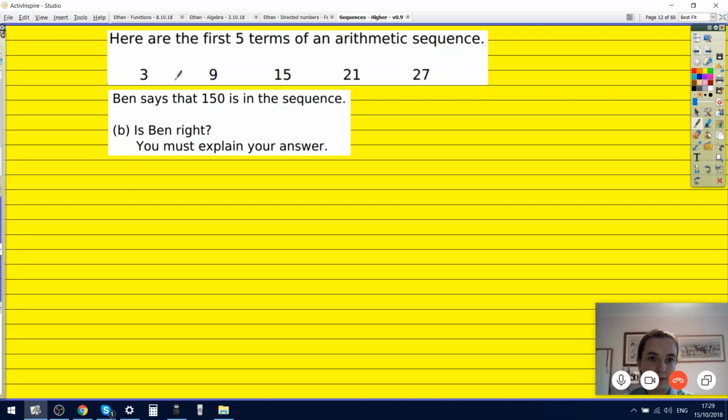6 is a multiple of 3, but 6 isn't in the sequence. Is it odd numbers? Yes.